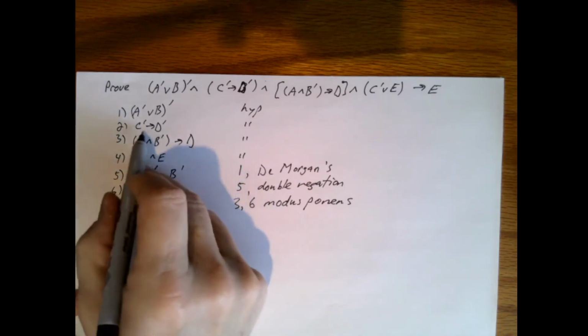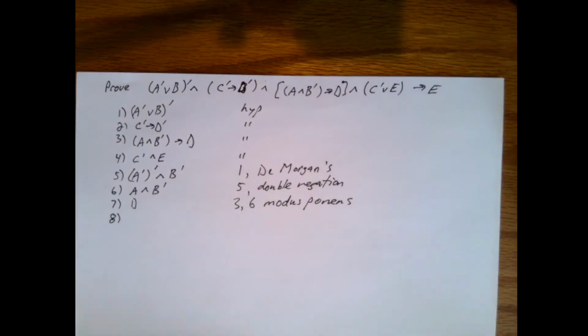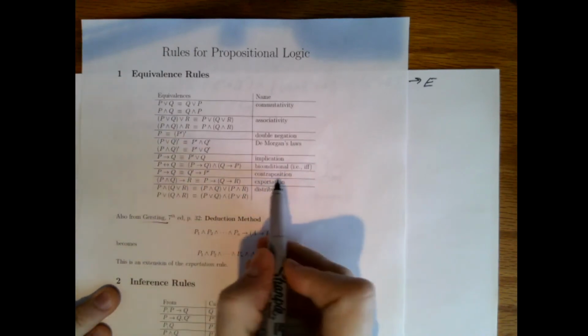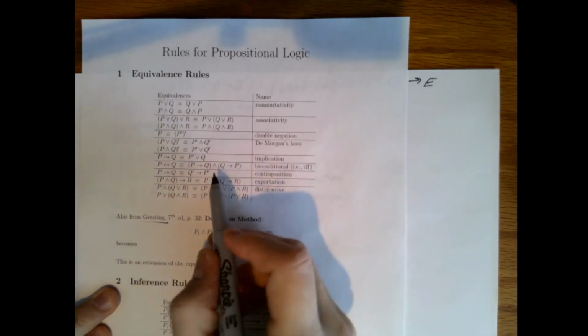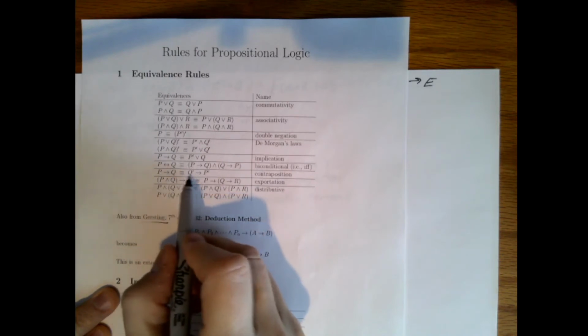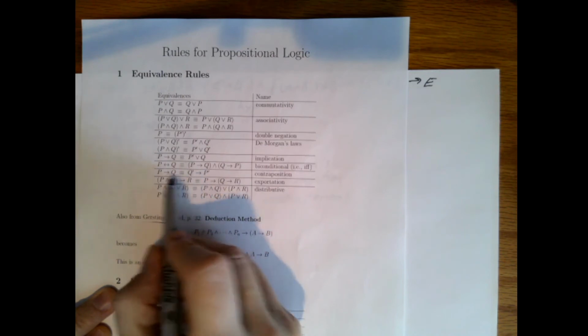Where else do we have this? Well, we have not C and not D. So how do I put those together? Well, if I look at my sheet, this looks like maybe contraposition is what I could use. There might be other things, but this shows that P implies Q is equivalent to not Q implies not P. And remember, which one's written on the left, which one's written on the right, for these doesn't matter. These are equivalences. All right?